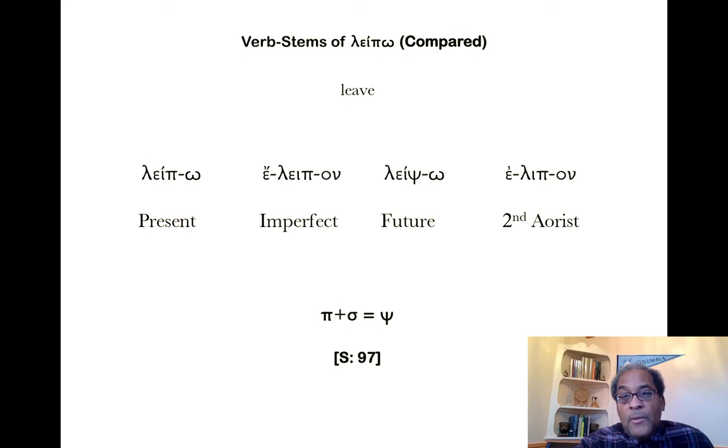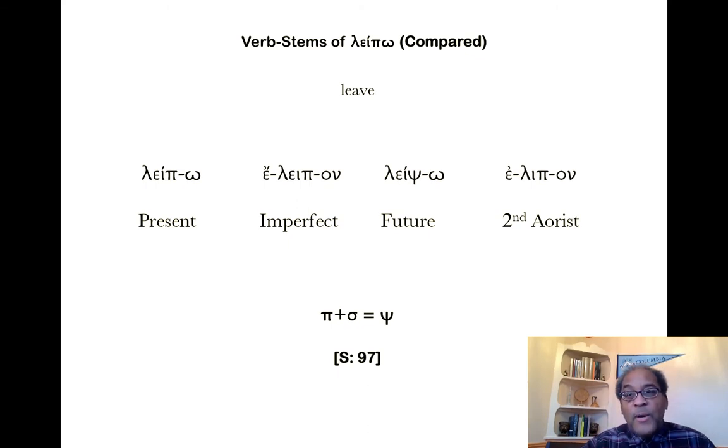my omission of the accent. Elipon: you get the same endings as the imperfect, but they are put on the weakest, shortest form of the stem, simply lambda, short iota, pi. And I could have included the first aorist of leipo, elepsa, where you would see that alpha intrude on the same stem as the future, accompanied by the augment.